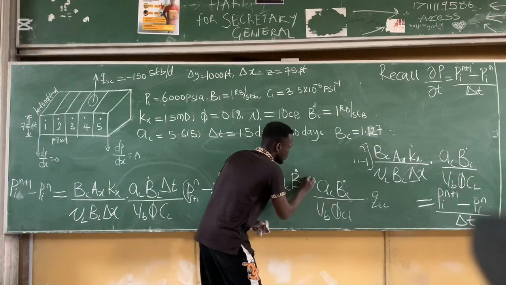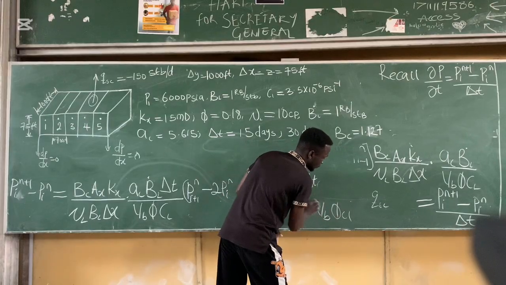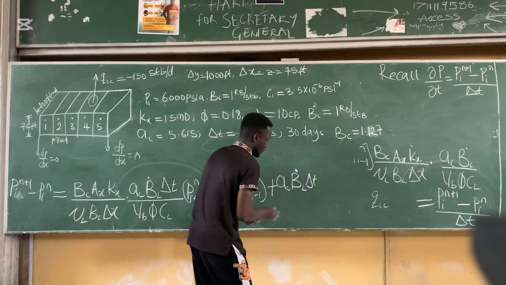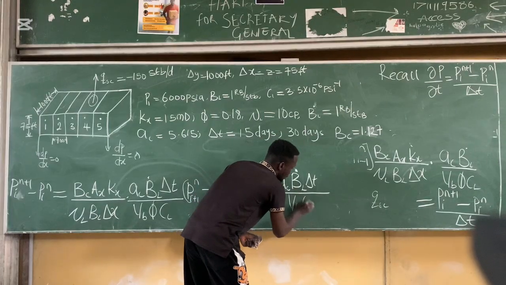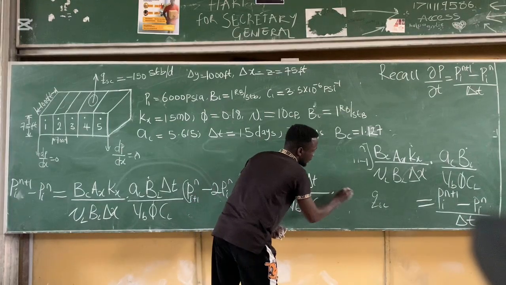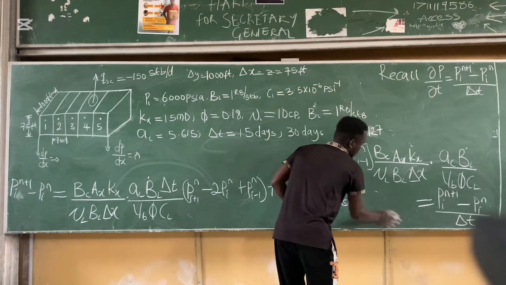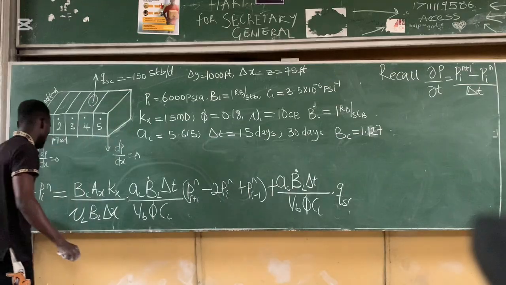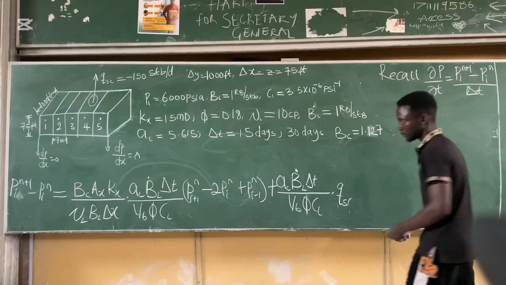So here also becomes delta t divided by what? V_b phi c_L multiplying by what? Our q_sc. So I can multiply through by delta t. We are going to have this equation.